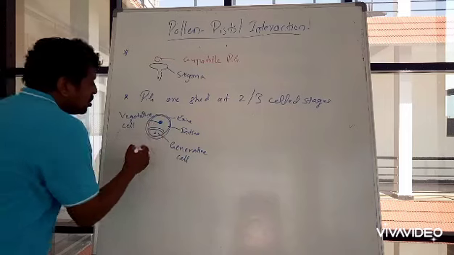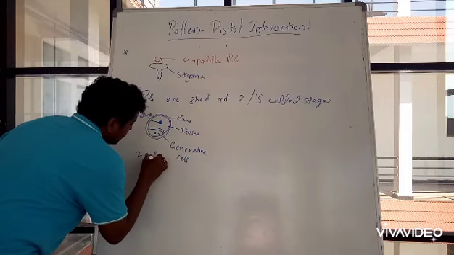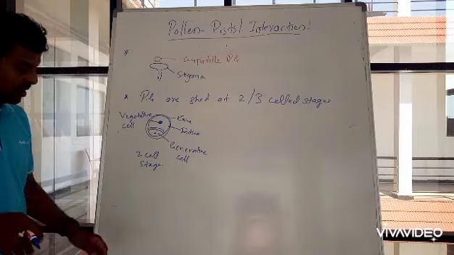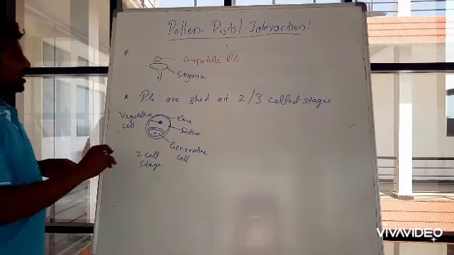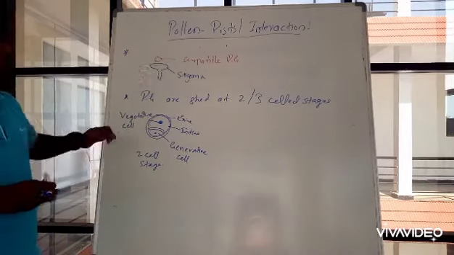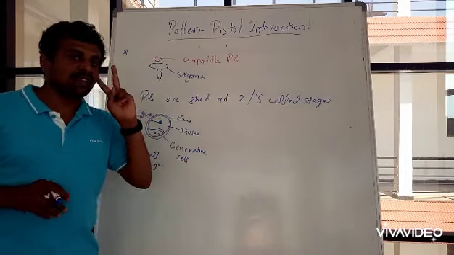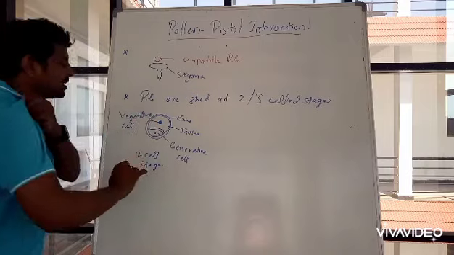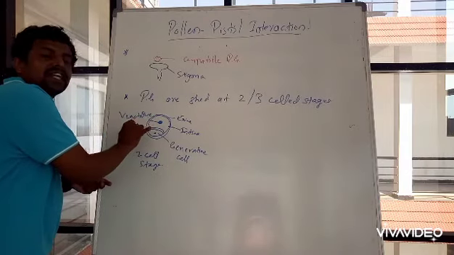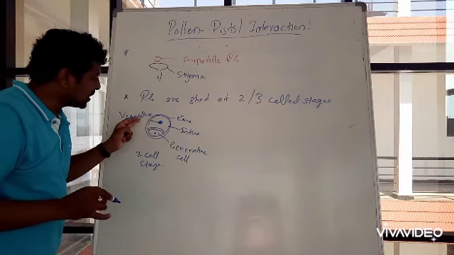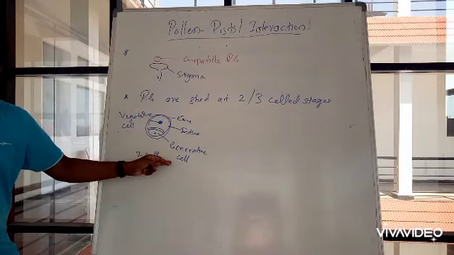So this is a 2-celled stage. Say for example, if the pollen grain which is coming in contact with the stigma is of 2-celled stage, then what happens? The vegetative cell generally nourishes the generative cell.